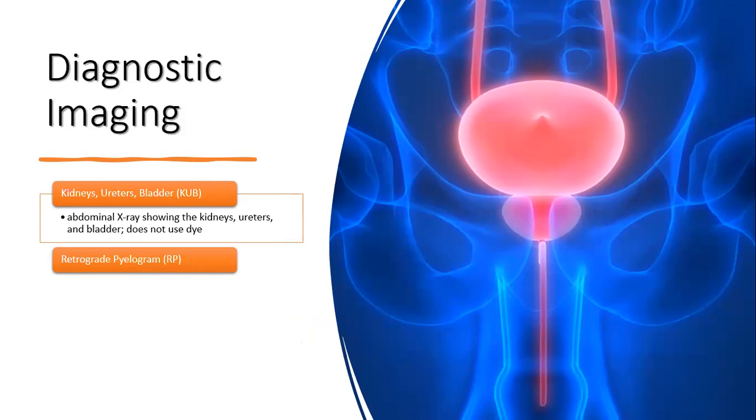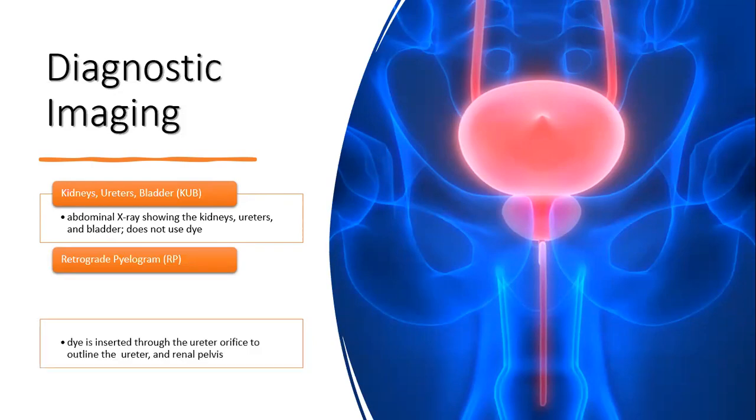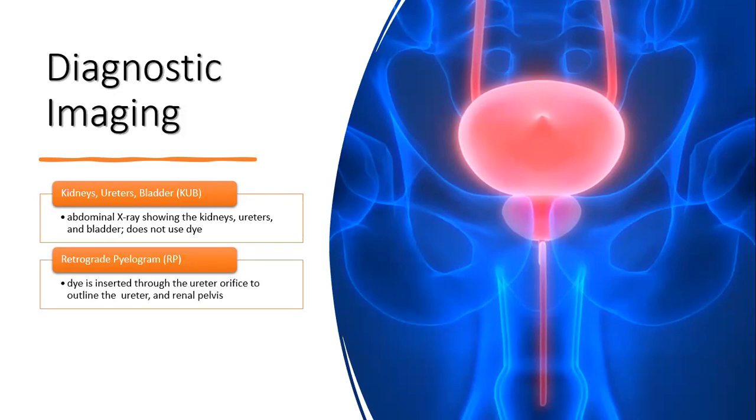Retrograde pyelogram, as we mentioned before, is dye inserted through the ureteric orifice to outline the ureter and the renal pelvis for any filling defect or narrowing or stricture in the ureter, or stones or tumor in the ureter or pelvis.